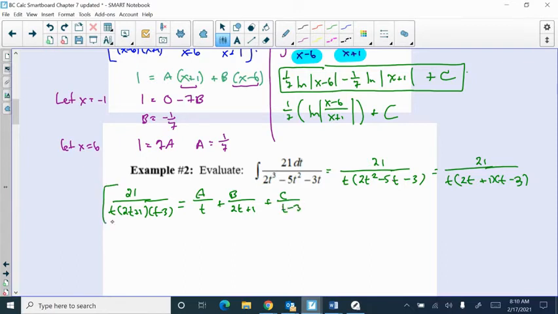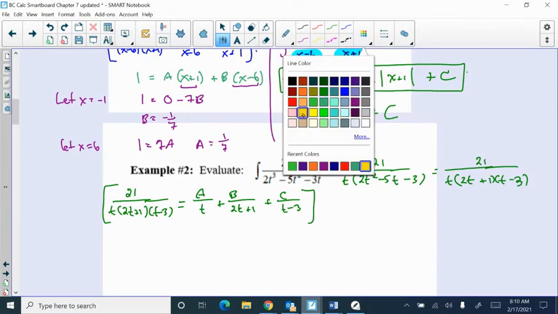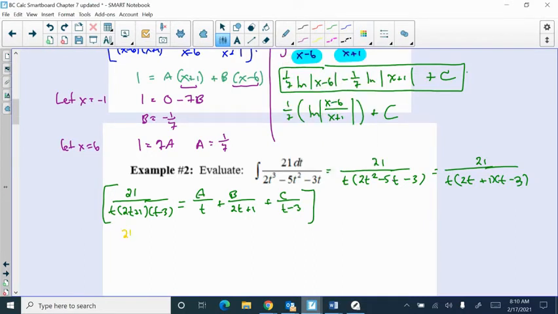And clear off our fractions. So, clear out the denominator, so we get an equivalent expression. So we get 21 is equal to a times, well, the t would cancel, so we get (2t plus 1)(t minus 3), plus b times t(t minus 3), plus c times t(2t plus 1).